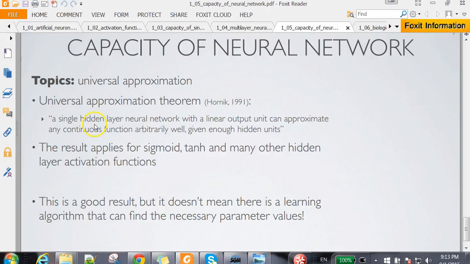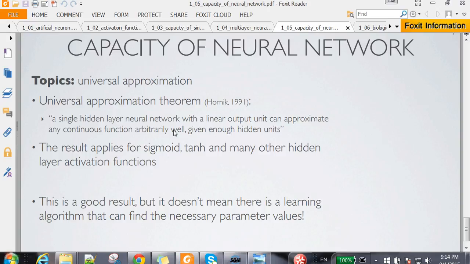So a single hidden layer neural network with a linear output unit can approximate any continuous function, it has to be a continuous function, arbitrarily well given enough hidden units. And this applies whether you're using a sigmoid function, or a hyperbolic tangent, and there are other functions that it also works with.